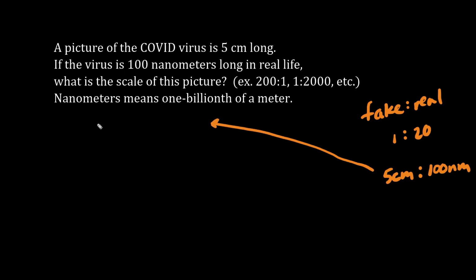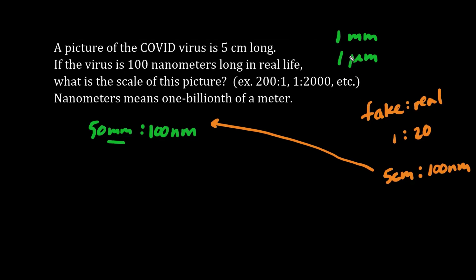Multiplying the left part by 10, we have 5 centimeters equals 50 millimeters, colon, 100 nanometers. Now let's think about 1 millimeter. It's a very small unit. But even smaller than a millimeter, we have something called 1 micrometer.